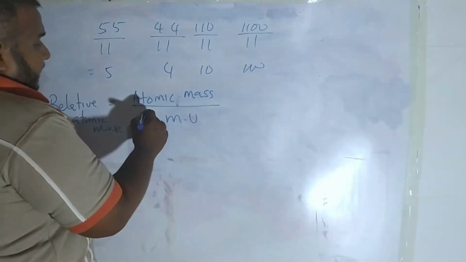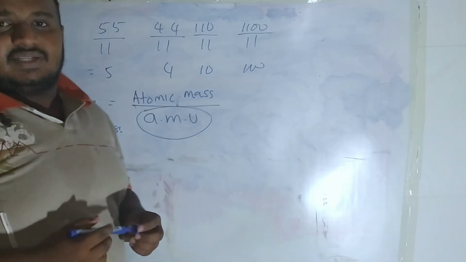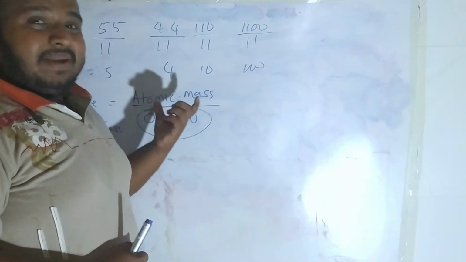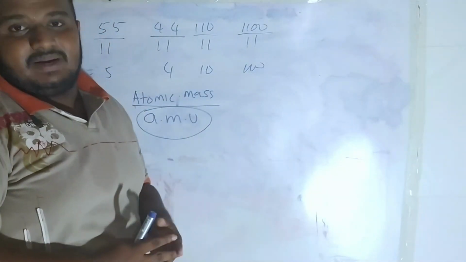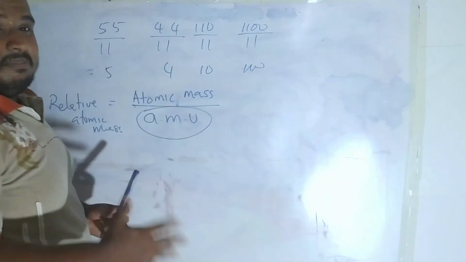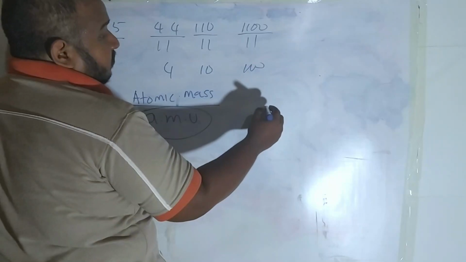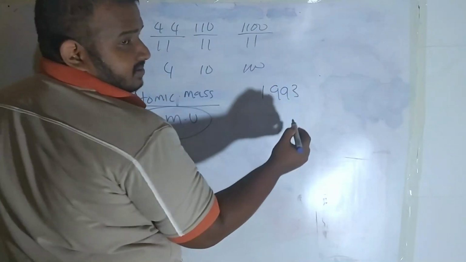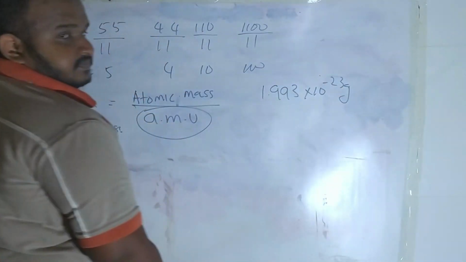So there was a huge competition to identify what this atomic mass unit is, because it should be capable of making all or most of the atomic masses into simple format. So I gave you complex numbers. For example, the atomic mass of carbon is 1.993 into 10 to the power of minus 23 grams.